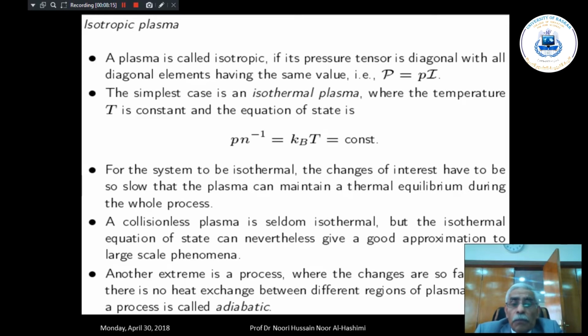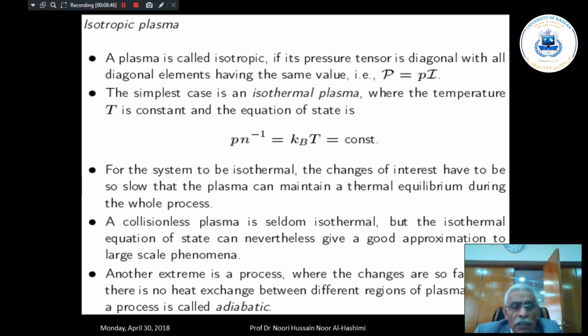For the system to be isothermal, the change of interest has to be so slow that the plasma can maintain thermal equilibrium during the whole process. It has to keep itself in equilibrium throughout the whole range.